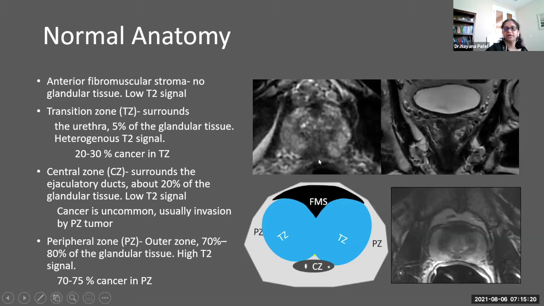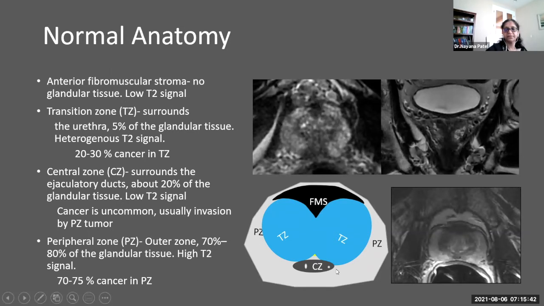And along the posterior midline area of the prostate gland at the base on the axial T2 weighted images. Cancer within the central zone is uncommon. Typically, it is the cancer invading the central zone, but arising in the peripheral zone.